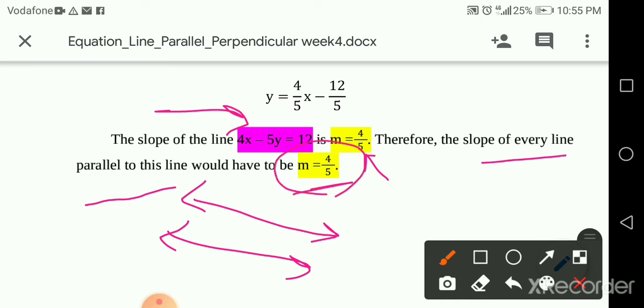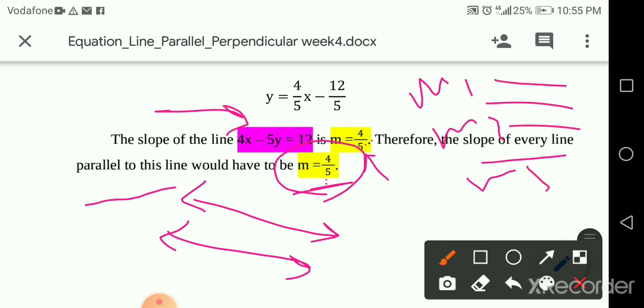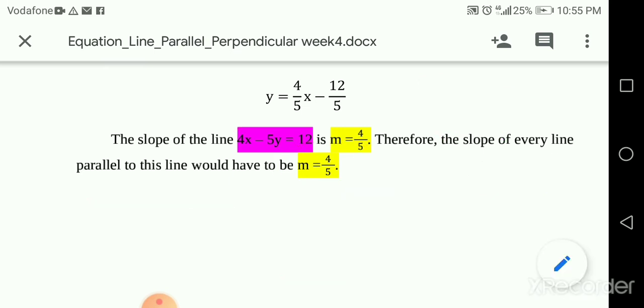Why? Because if you have the same slopes, m1, m2, m3 and so on, then the lines are parallel. Okay guys, let's move on.